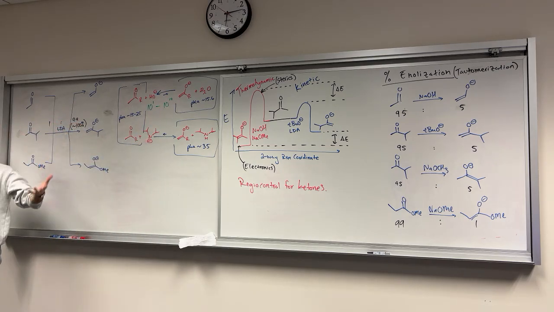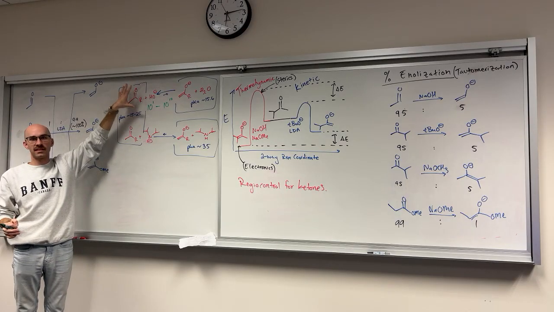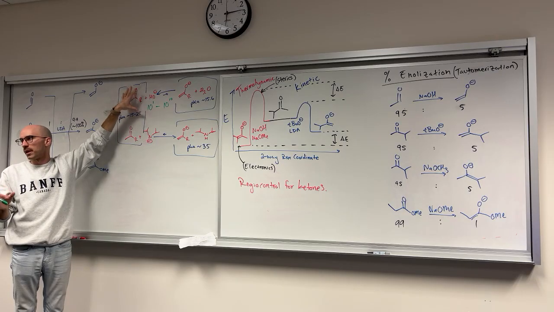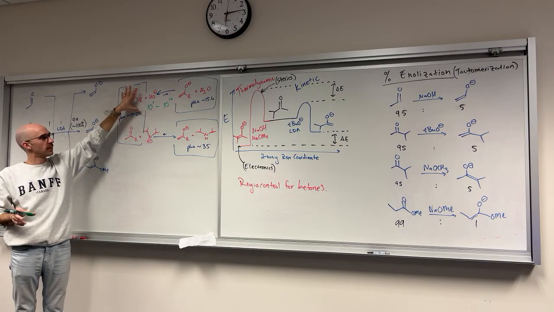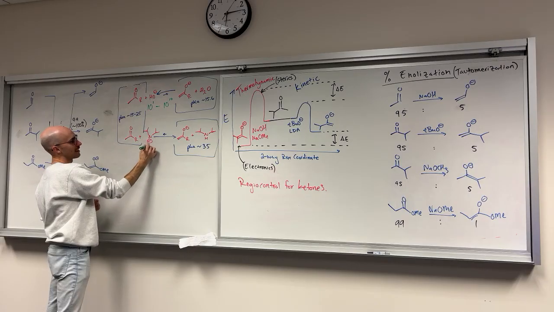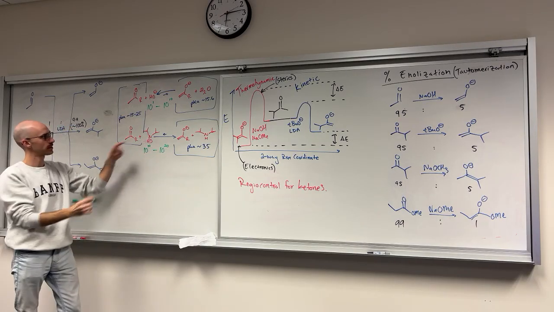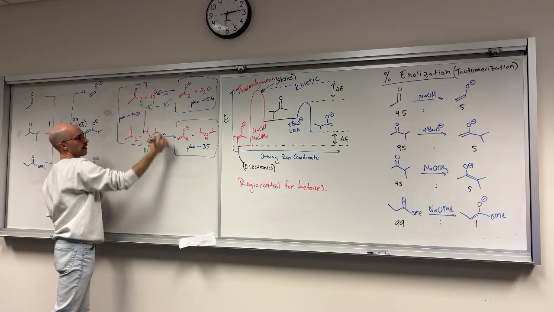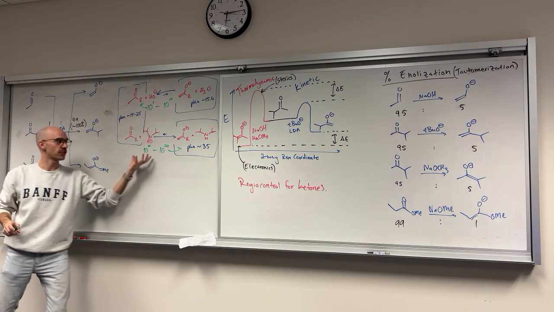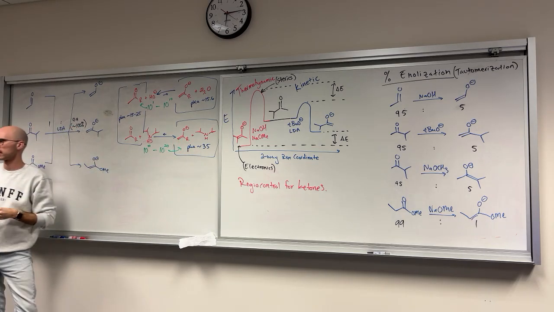That is the equilibrium distance. This side is favored about 10 to the 10 times, or 10 to the 1 times. But here the equilibrium distance is from 10 to the 10 to about 10 to the 20 times, favoring these products. There's this huge equilibrium shift to the right-hand side.